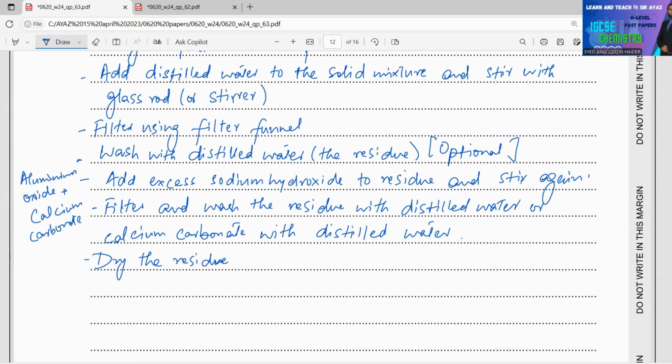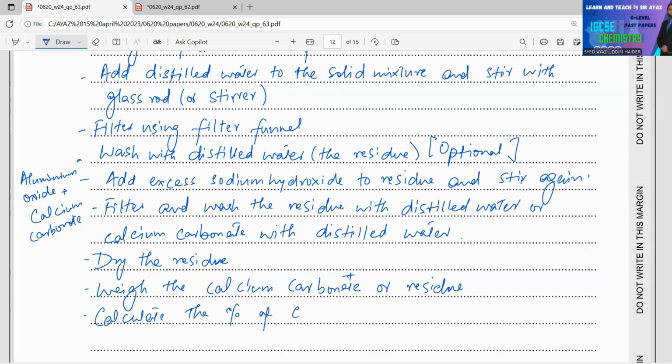Now, we will weigh this calcium carbonate, or you can write residue because it's in the residue. Calculate the percentage of calcium carbonate.